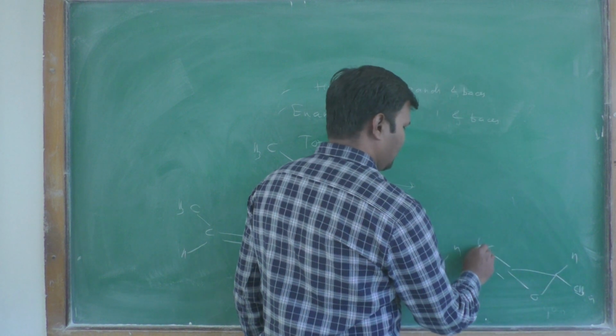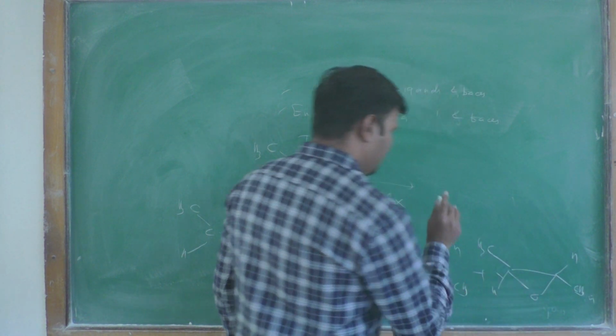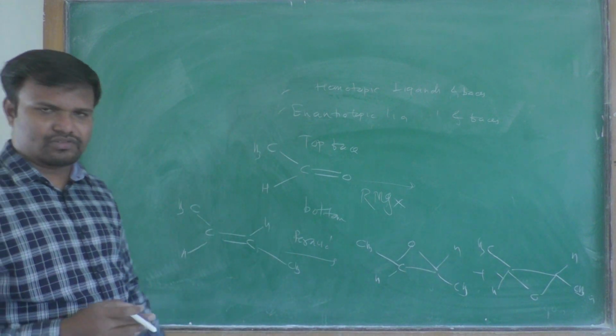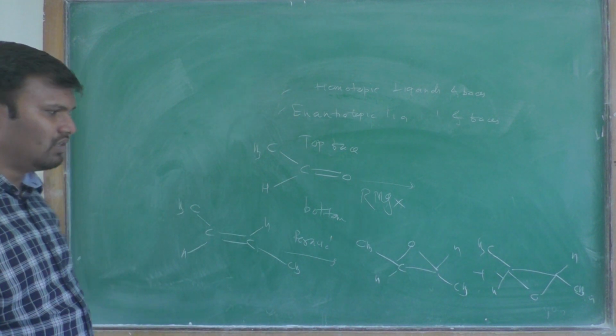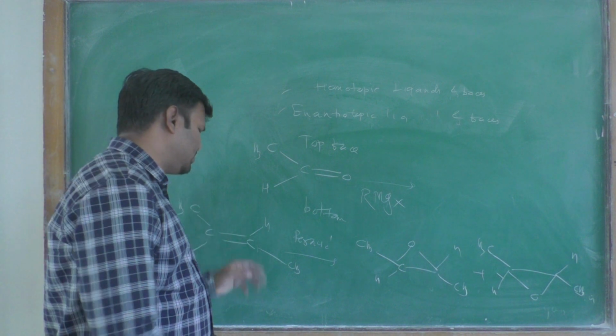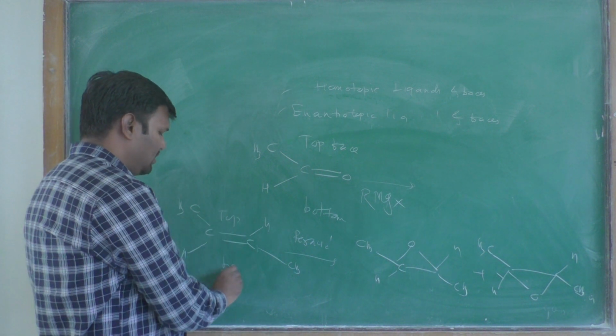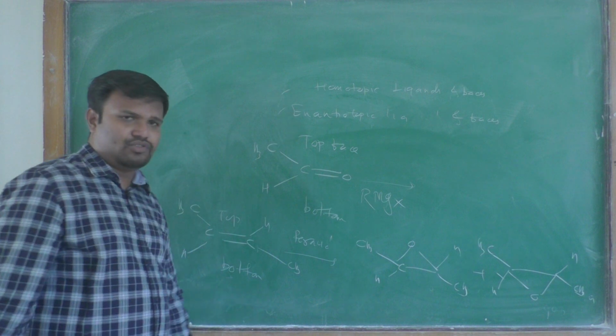Two different compounds are obtained, which are enantiomers of each other, non-superimposable mirror images. Therefore, the top face and the bottom face are the enantiotopic faces.